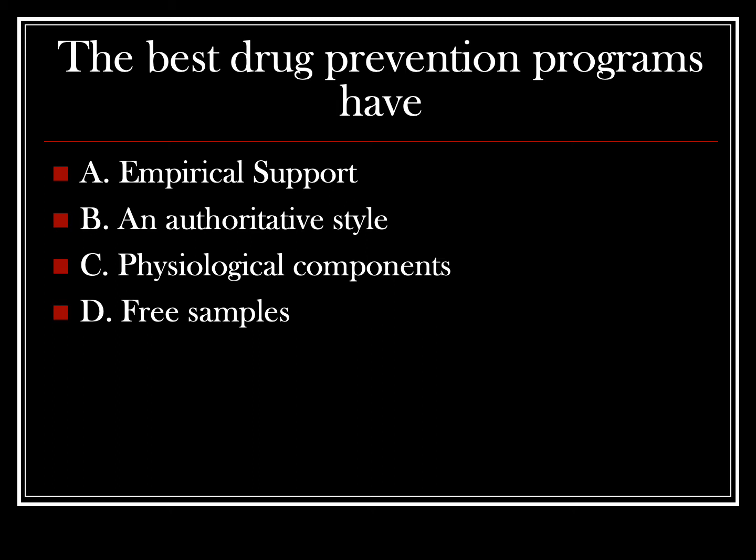Truth be told, an authoritative style isn't terrible. It's the authoritarian style that would be terrible, but we don't have any data on that. Physiological components, we don't really have any data on that either from drug prevention, except in really small samples. And obviously, free samples does not sound like a good way to prevent drug problems.